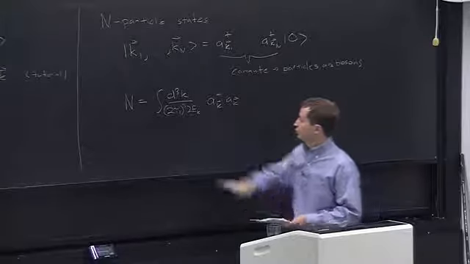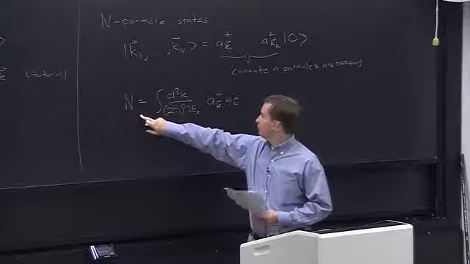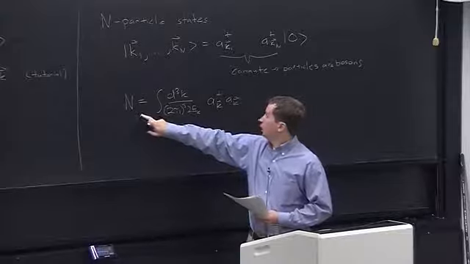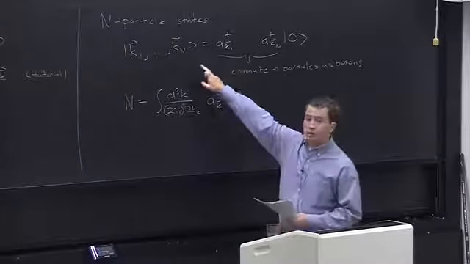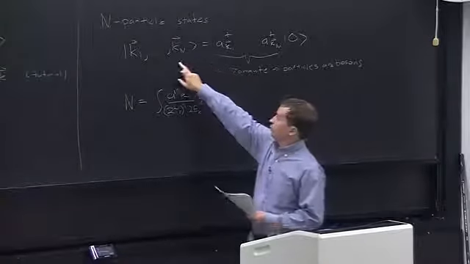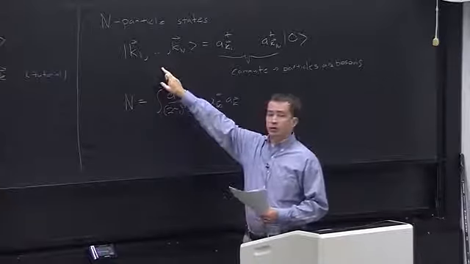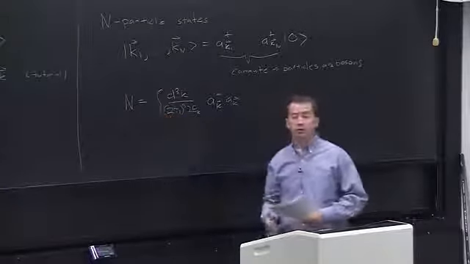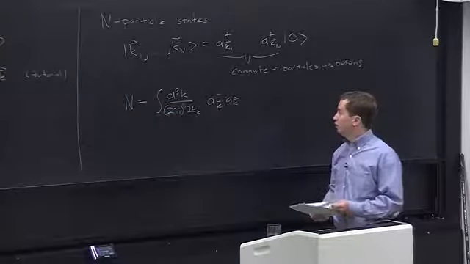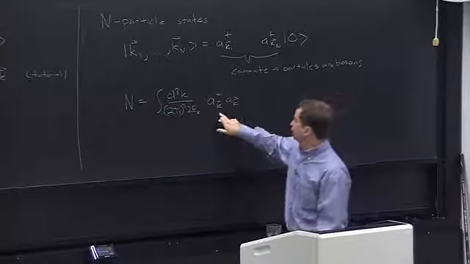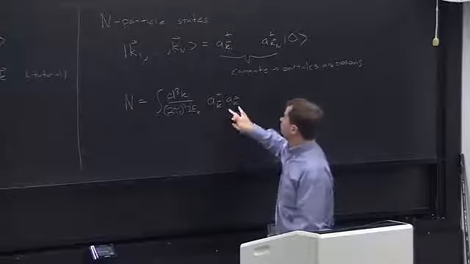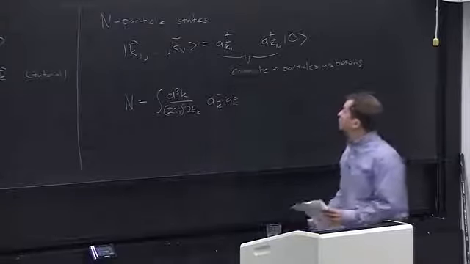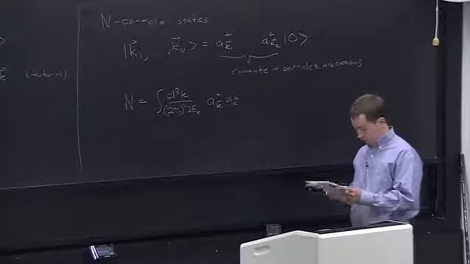And so if we act with this number operator on an n-particle state, we'll find that the n-particle state is an eigenstate, and it has eigenvalue n. So this combination will just count the number of creation operators there.